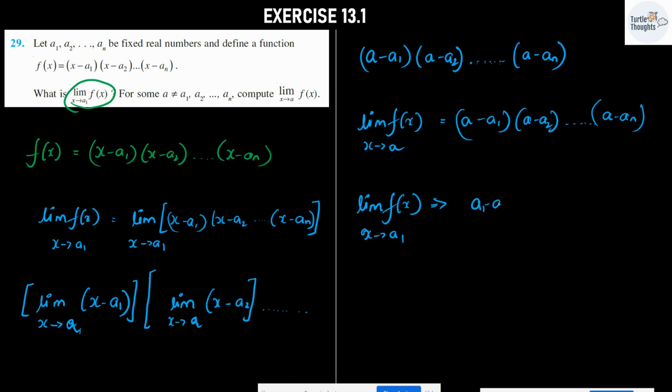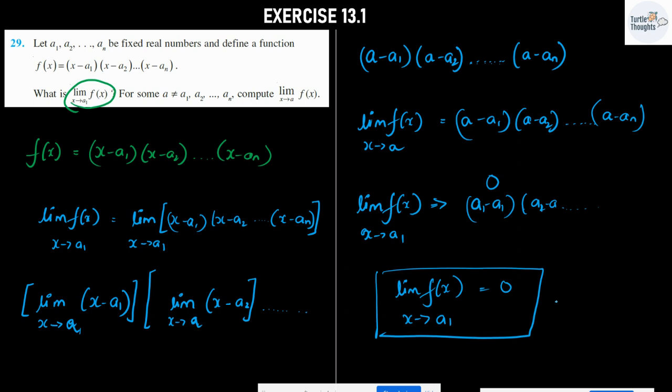It is going to be a1 minus a1 multiplied by a1 minus a2, dot dot dot. Since one of the values is 0, I can write the limit of the function f of x as x tends to a1 will be equal to 0. This can be taken as equation number 1.